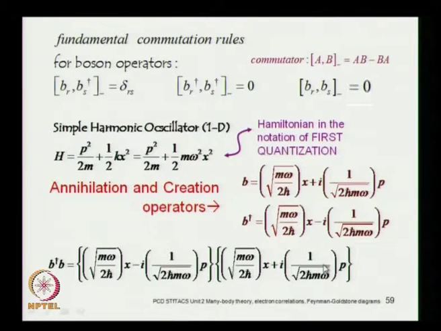So you can carry out the operator algebra and look at the four terms that you will get out of this. You will get a term in x square from this one and this, then you will get a term in xp, this is x and this is p, then you get a term in px, and then finally in p square. And the appropriate coefficients have to be properly taken care of.